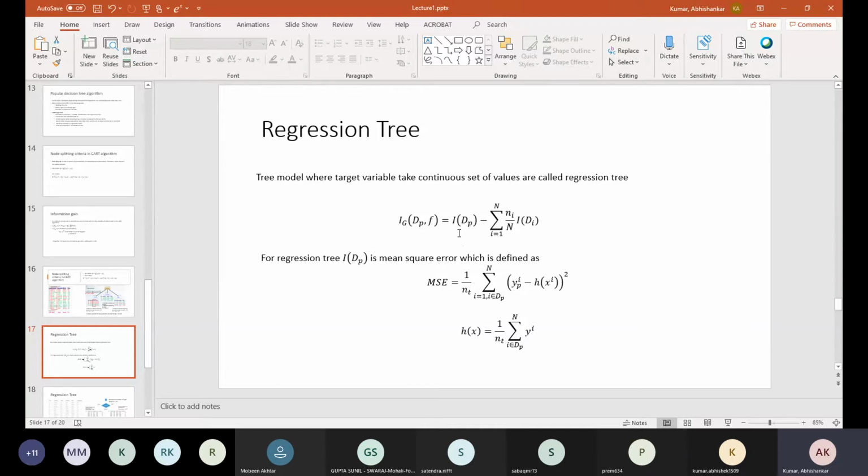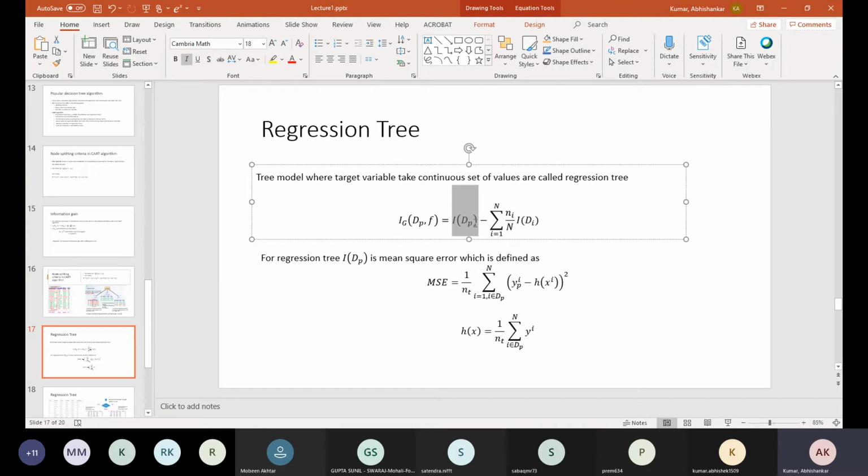So what will be the usual IG, I mean information gain? This is information gain. So what will we do for a regression tree? And why do we want to do this mean square error business here?